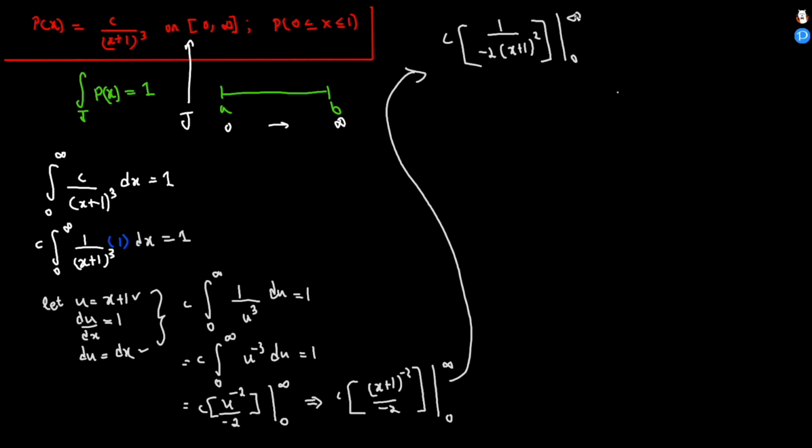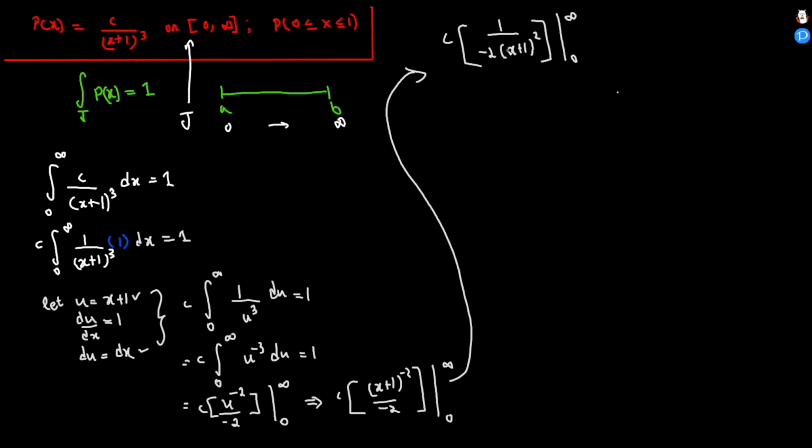Well, now remember that infinity is not a number, right? This has to do with limits. So you're not exactly just plugging in infinity here, right? But let's see how this works out. First, the upper bound: the limit of this function as x goes to infinity.